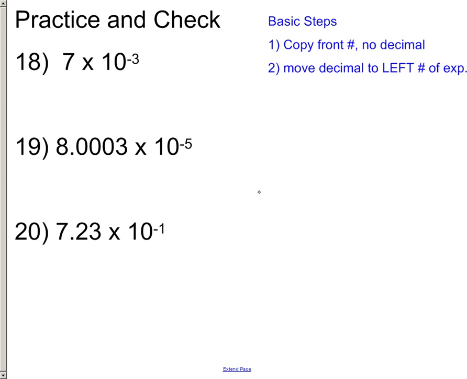Go ahead and do the practice and check. Hit play when you're ready, and we'll see if you get the right answer.